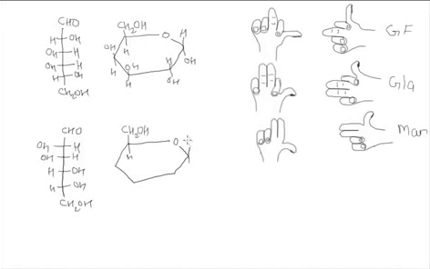If it's a beta compound, the OH is going to go on the top, because if it's a beta, the direction of this and this have to be the same. Now for these 3, 1, 2, 3, you just look at the hand: up, up, down. So you have up, up, down.